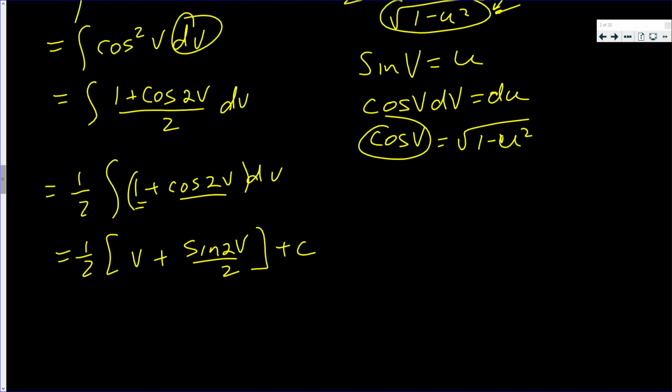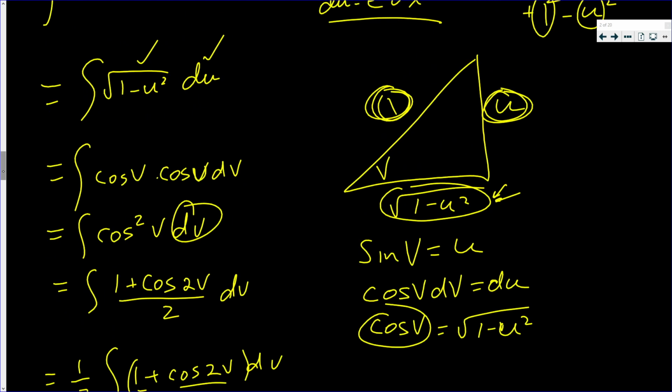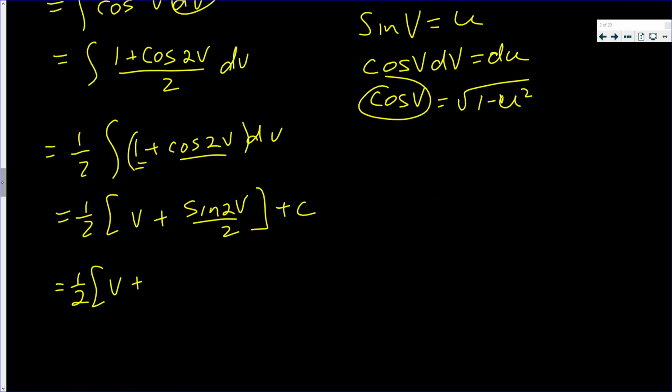Now, I don't know anything at all about sine of 2v. I know everything about triangle v, but not angle 2v. So this here is just 2 sine v cosine v, and the 2's cancel out.